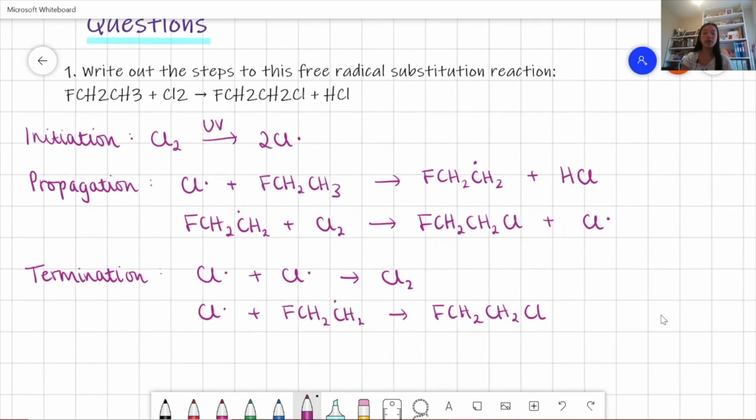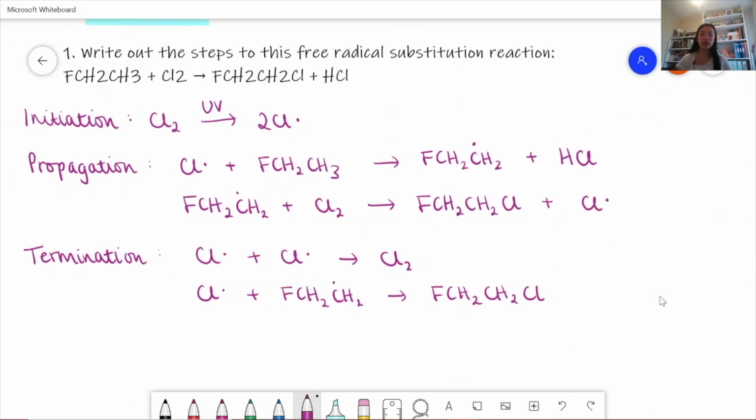Or the third thing we could do is have two of these FCH2CH2 free radicals reacting together. And these are our three steps for free radical substitutions.